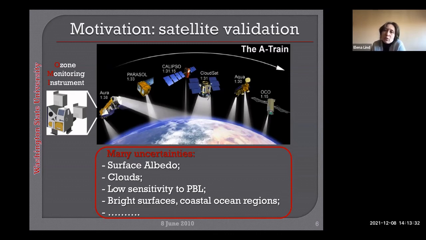The problem is that a lot of these instruments are backscatter instruments. The solar radiation propagates through the atmosphere, scatters off whatever is in the atmosphere and the surface, and gets backscattered and detected by the instrument.